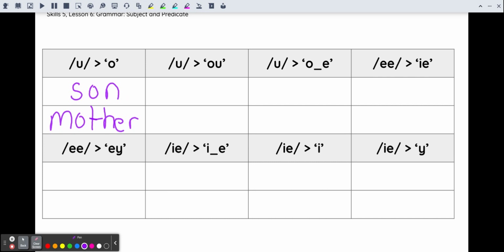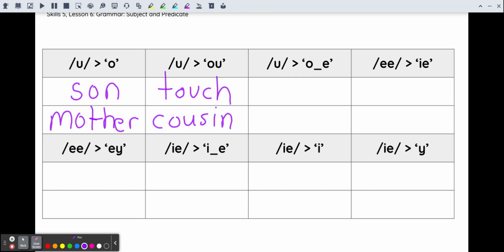I have touch and cousin. Do you have a cousin?